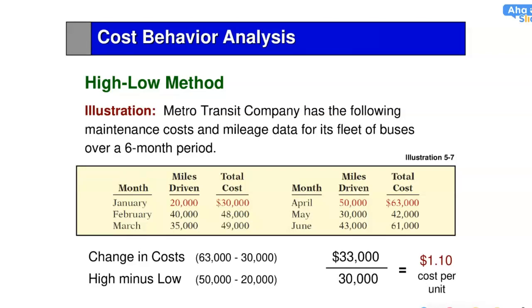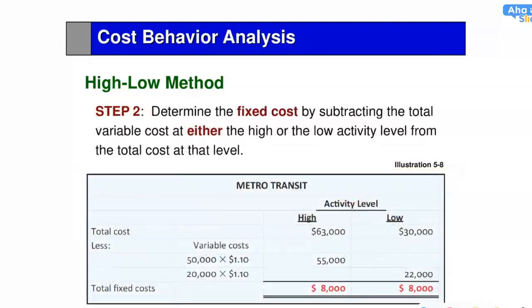But you see, a mixed cost is partly variable and partly fixed. So I know that the variable portion is $1.10 per mile. So now let's work backwards and figure out the fixed. So let's take the high. The high was 63,000. Now that 63,000 is partly fixed and partly variable.